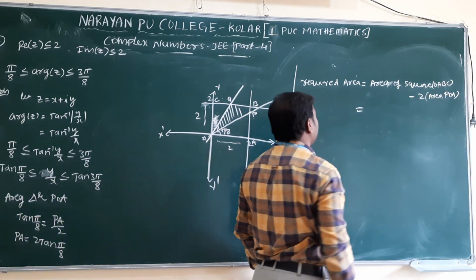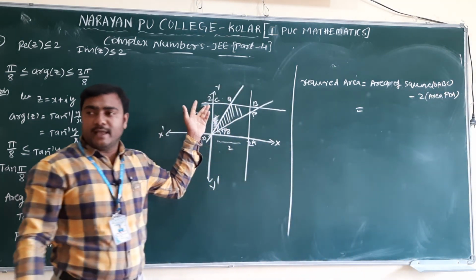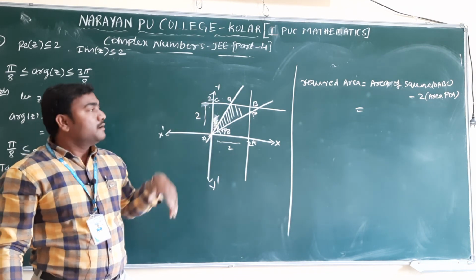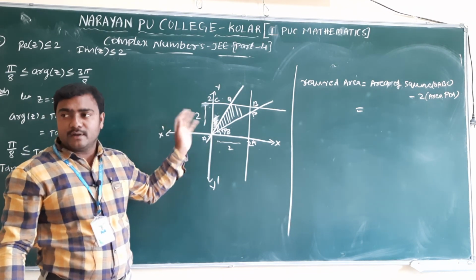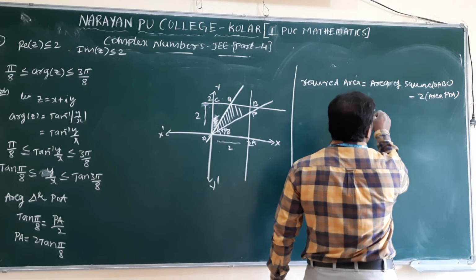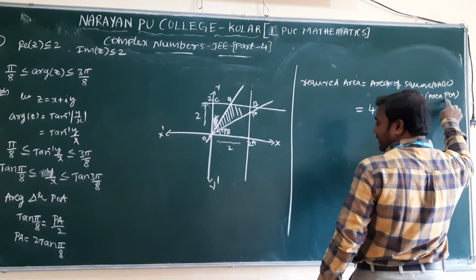Here the area of the square OABC, the side of the square is 2, so the area is 4. 4 minus 2 into area of POA.